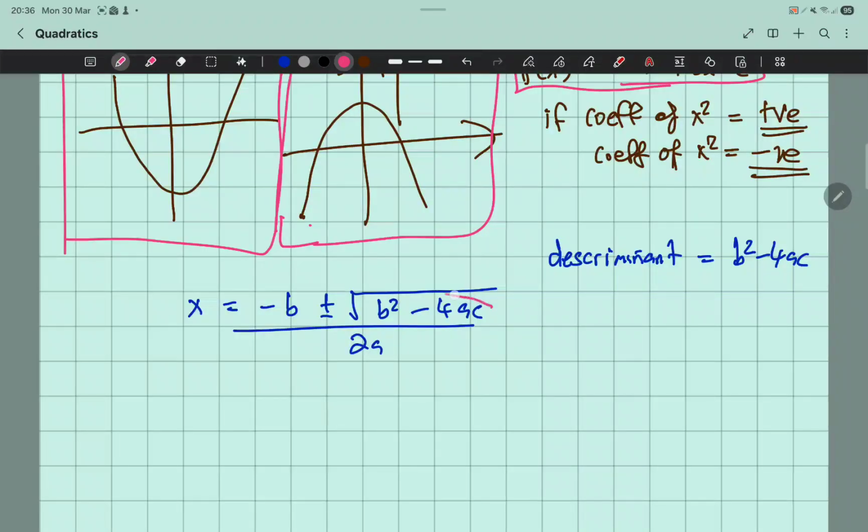This thing found under the square root sign is what we call the discriminant. The discriminant is a very useful tool that can help us. It's a tool we can use to arrive at a certain conclusion with regards to quadratic functions. The discriminant helps us understand what is known as the nature of roots.